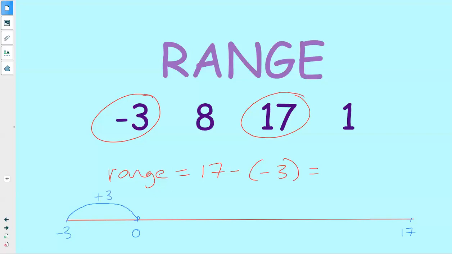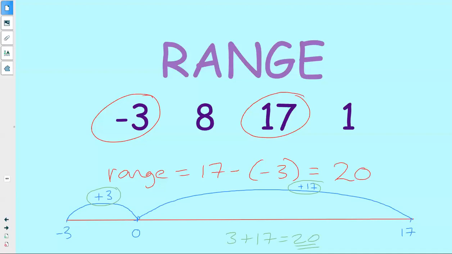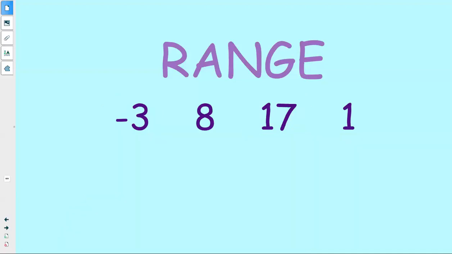If I jump from 0 to 17, I'm adding on 17. So what is 3 add 17? 3 add 17 is in fact 20. So your answer is 20. Okay, let's move on.